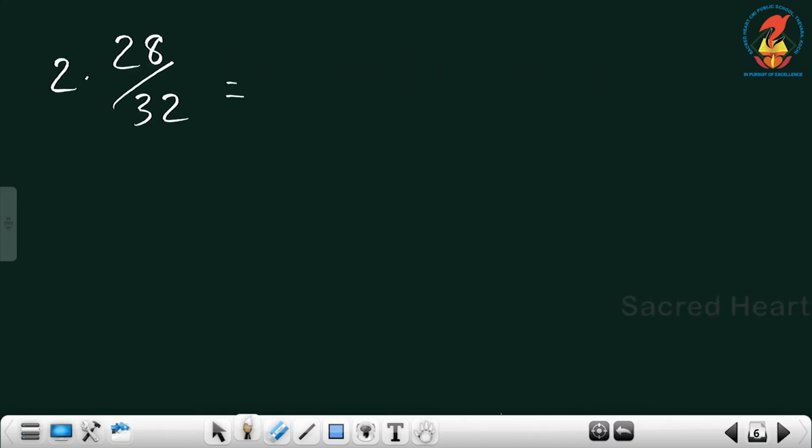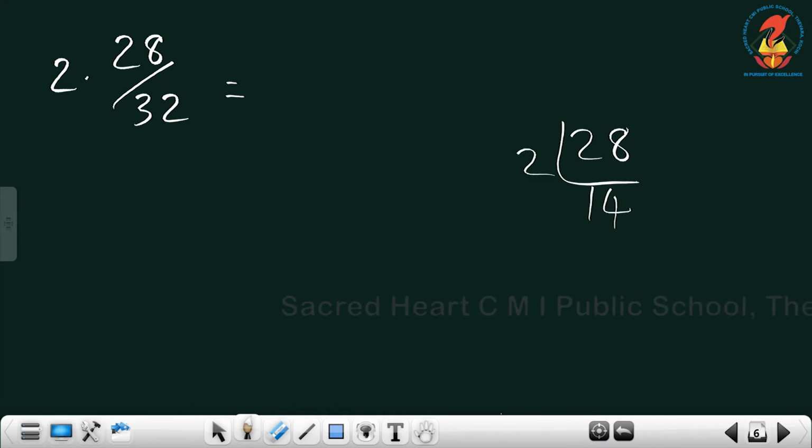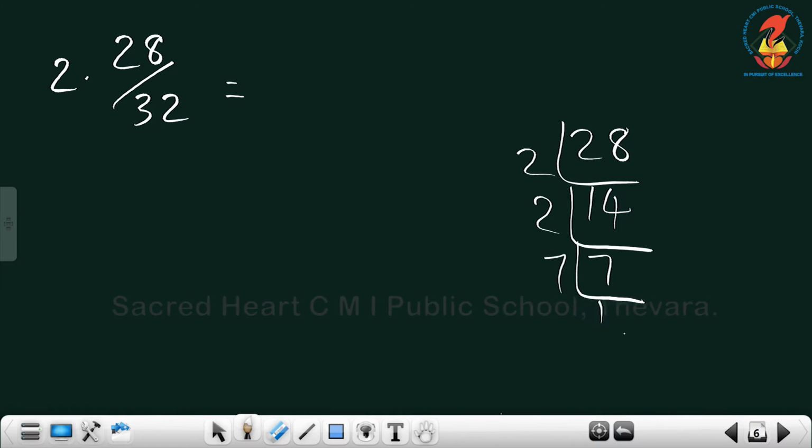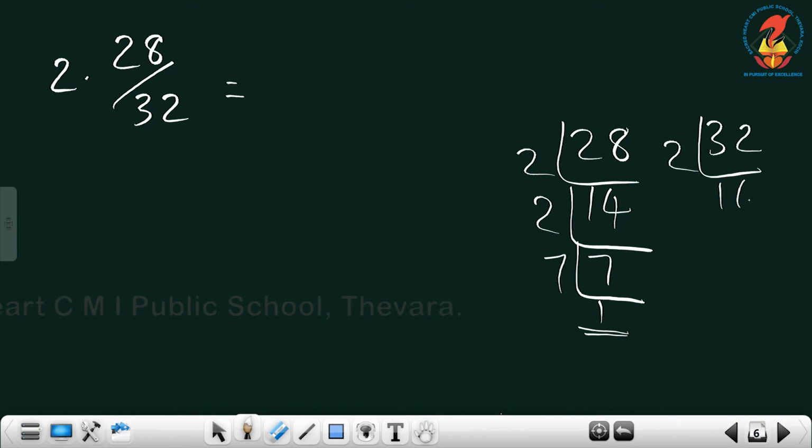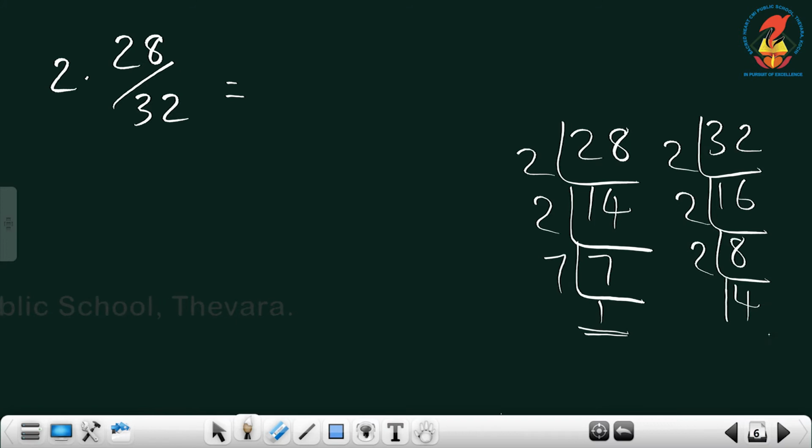Okay, and the next one is 28 by 32. 28, 2 14s are, and 2 7s are, then 7 1s are. Okay, and the next is what? 32, 2 16s are, 2 8s are, 2 4s are, 2 2s are, then 2 1s are.